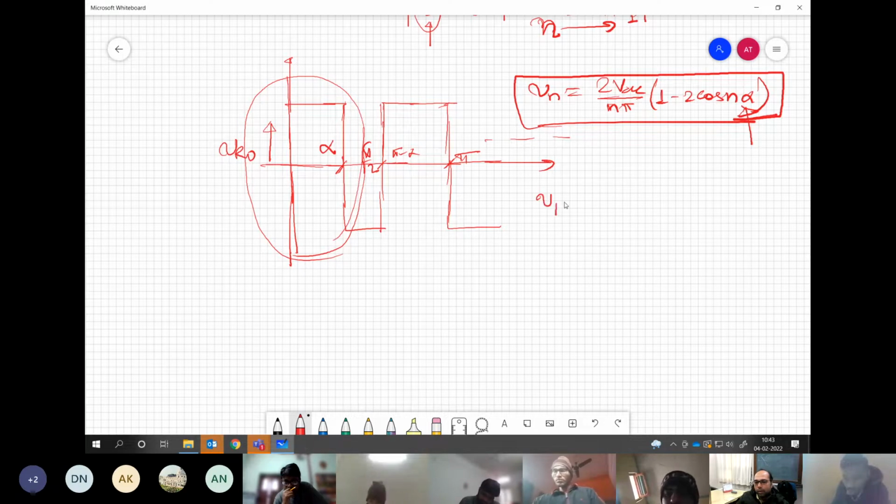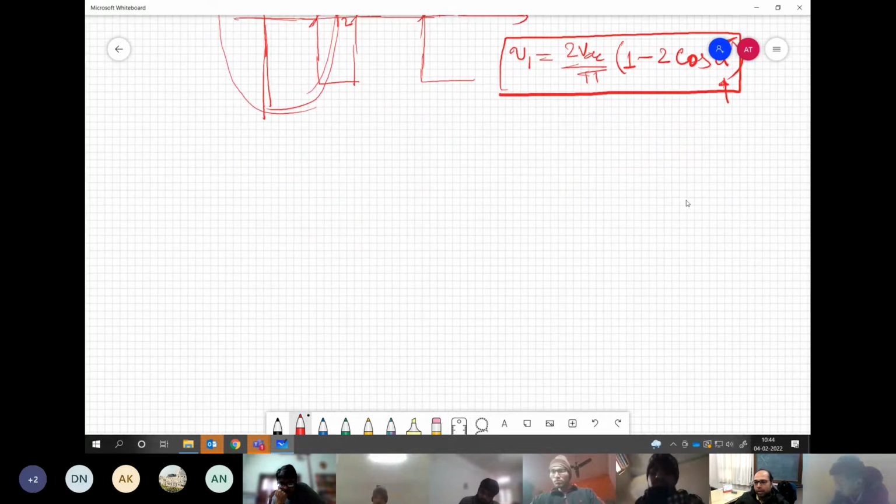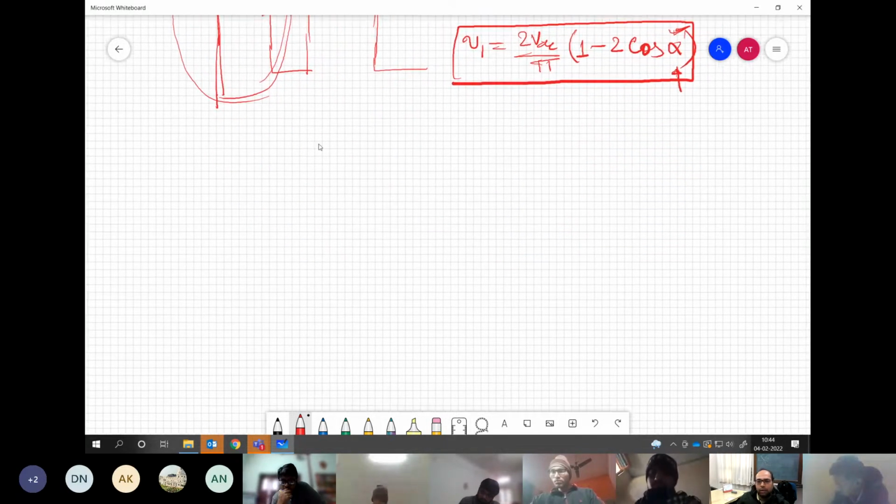If you talk about V1, then the magnitude is dependent on at which angle you are operating. It is not just the DC bus voltage, but this angle is also dictating the magnitude of your fundamental. So let us plot this with respect to alpha to understand how it is varying.